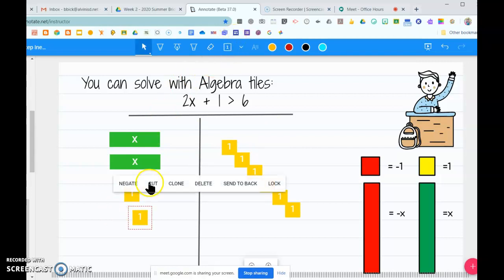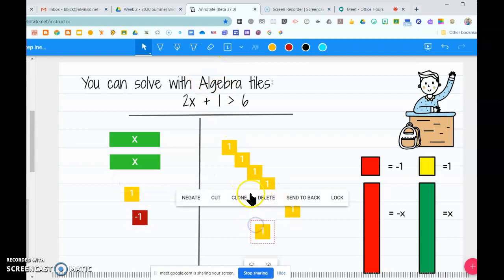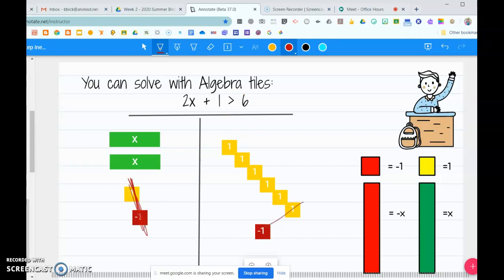We're going to start by subtracting 1 from both sides. What you do to one side, you have to do to the other. And this is going to cause 0 pairs. So these will cancel each other out, and this will cancel each other out. So now I'm left with 2x equals 5.